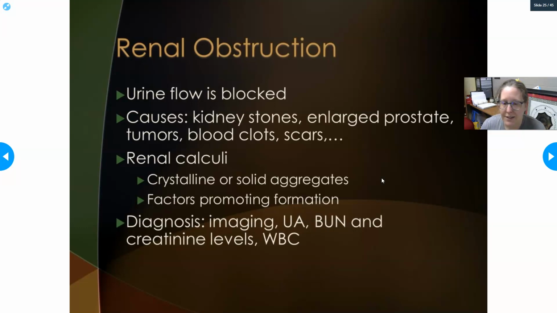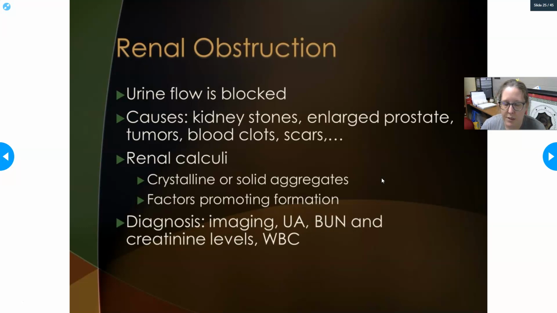And dehydration can help. There are also some genetic factors that lead to that. But either way, there's a chance for compounds in urine to gather together and crystallize, and these start forming stones.